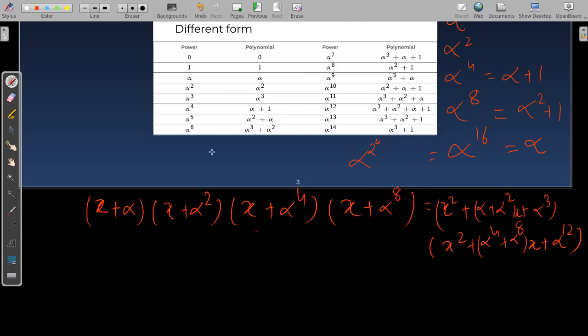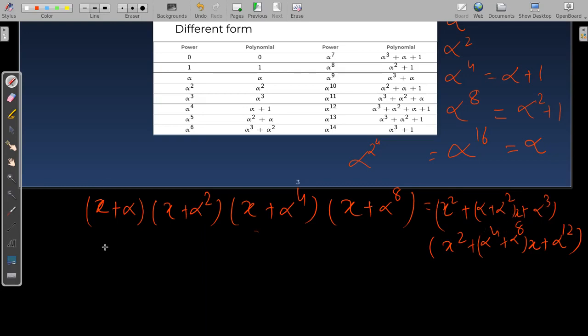Okay, so now α + α², you can see here that α + α² is basically equal to α⁵, and α⁴ + α⁸: α⁴ is α + 1, α⁸ is α² + 1, so it is again going to be α² + α, and α² + α will again be equal to α⁵. So in both of these cases I am getting α⁵.